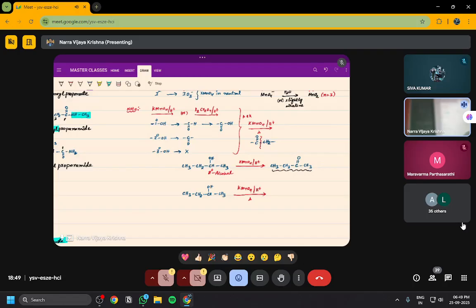Both sides have C double bond O. This will break according to Popov's rule. What is Popov's rule? The C double bond O group always goes to the lower chain. Tell me whether it has to break this side or this side. So let me write this one as it is first.